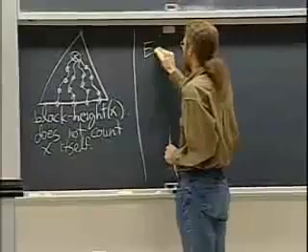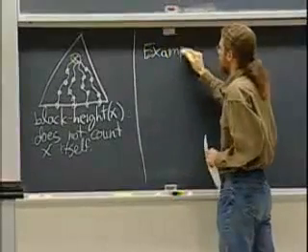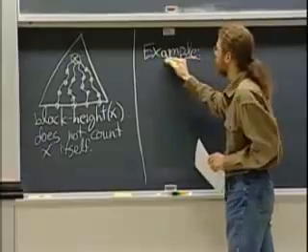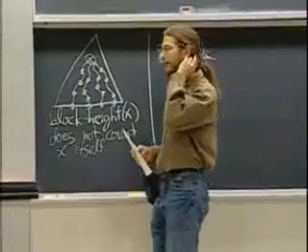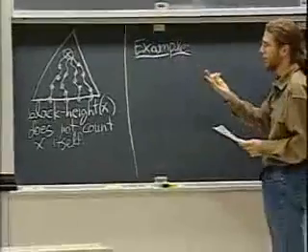So let's look at an example of a red-black tree. I'll show you an example, then I'll say why we care about these properties.